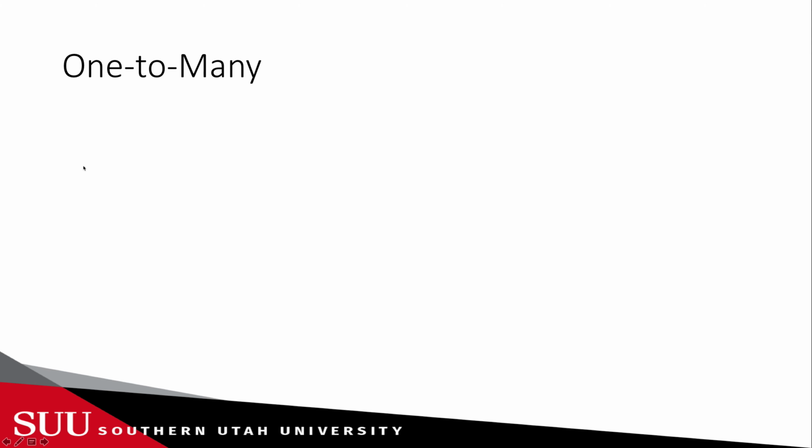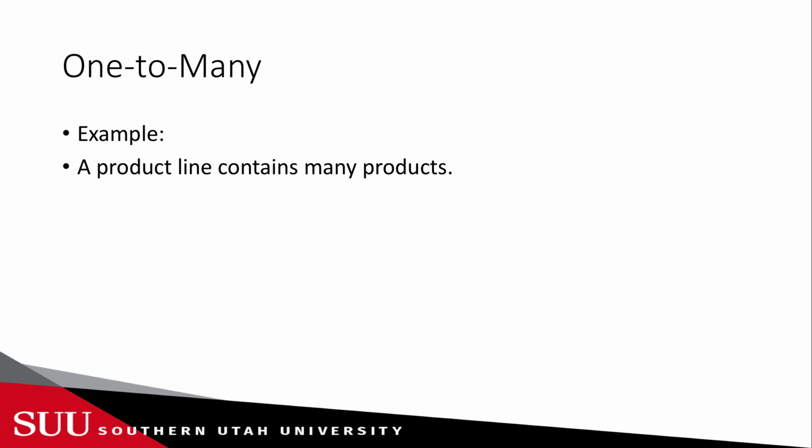Now let's look at another example, the case of a one-to-many relationship. I say a product line contains many products, and a product belongs to only one product line. So let's try to analyze this and draw part of the ERD.